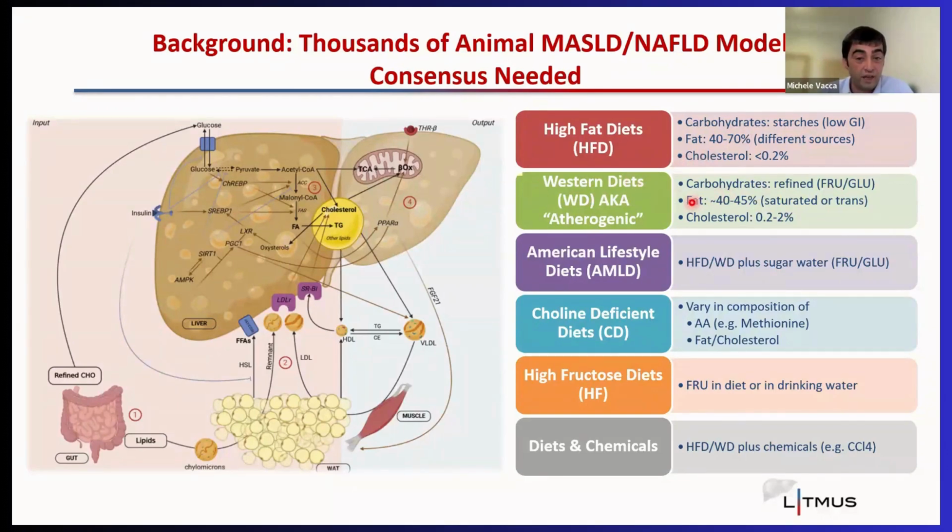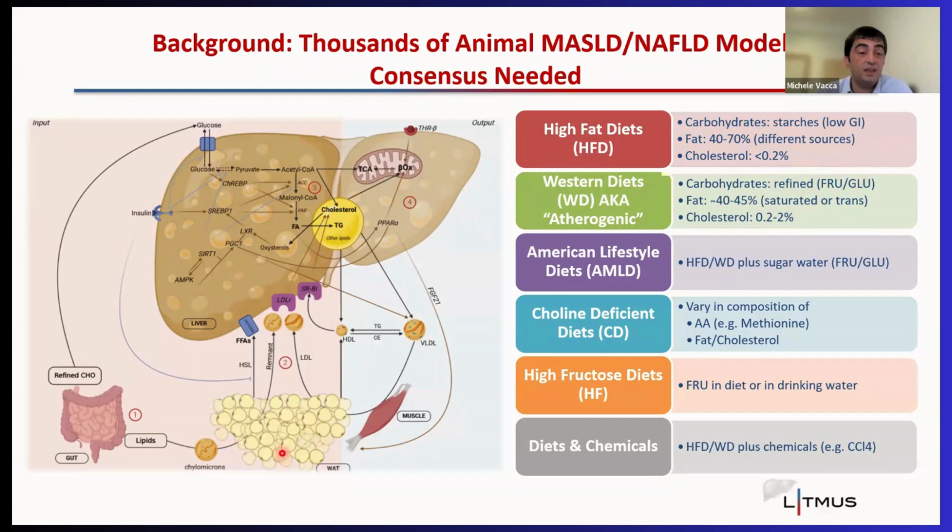They are still high-fat diets, 40-45%, either saturated fat or in the past trans fat. They are enriched in cholesterol between 0.2 and 2%, and the carbohydrates are topped up with refined sugar, either glucose, fructose, or the combination of the two.